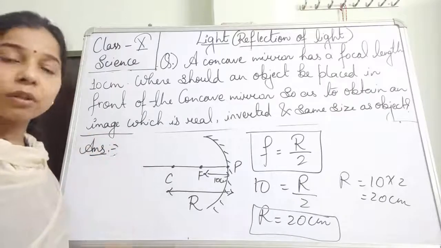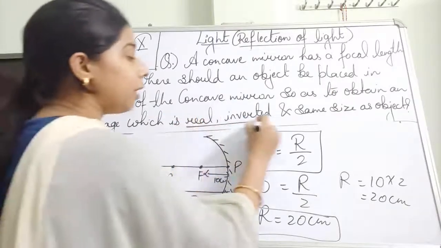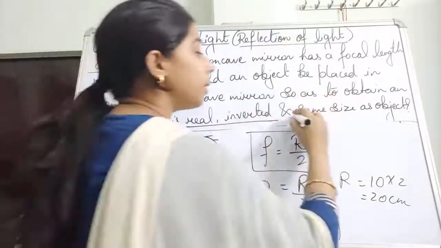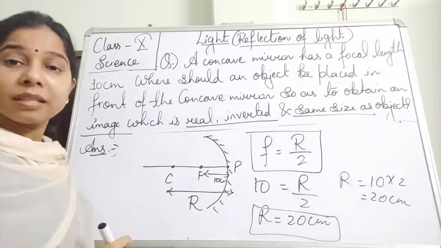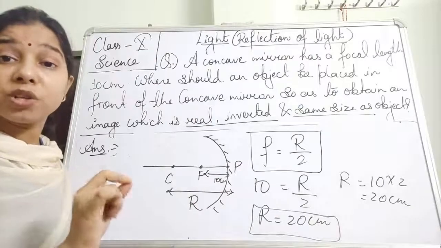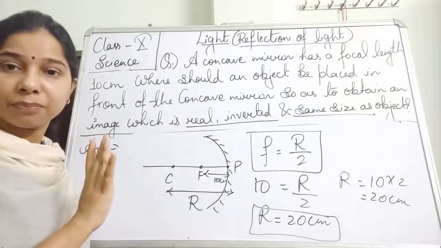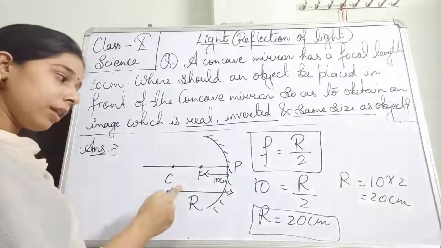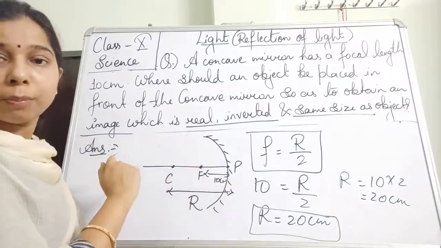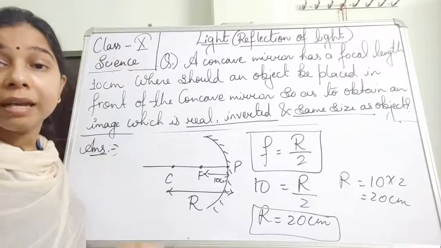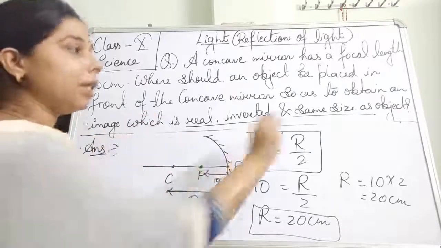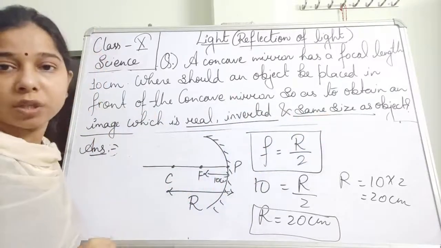Why are we looking for that? Because we know that an image that is real and inverted, and the same size as the object, is formed when the object is kept at C. That is why if we know the distance from the center of curvature to the pole, we will get the answer where we should keep the object to get an image of the same size as the object.